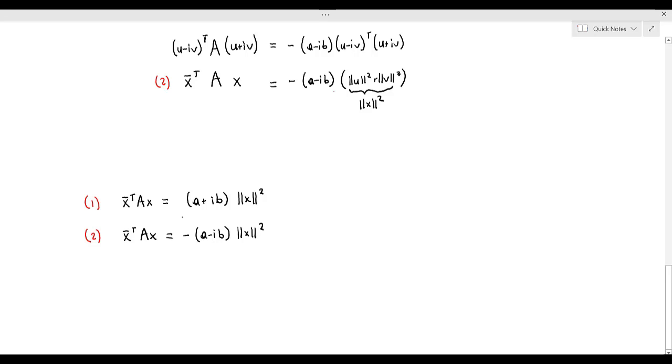Okay, so I have two expressions for x conjugate transpose Ax. That means these two must be equal to each other. So let's go ahead and set them equal: a plus ib times the length of x squared equals negative a minus ib times the length of x squared.